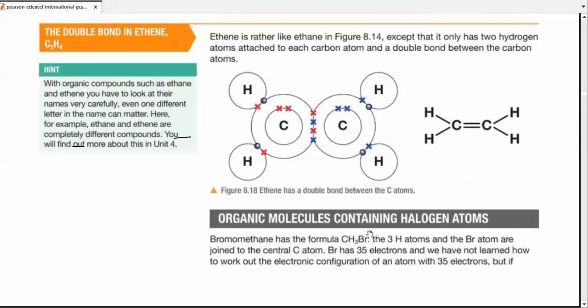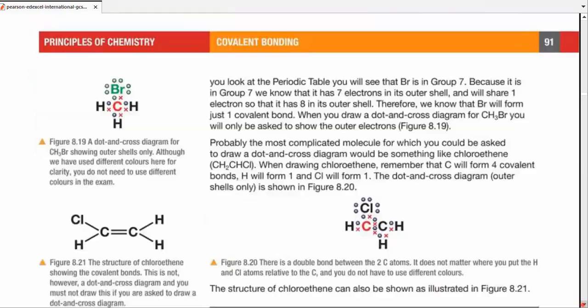Moving on. Organic molecules that contain halogen atoms. Bromomethane has the formula of CH3Br, 3 hydrogen atoms and 1 bromine atom joined at the central carbon atom. Bromine has 35 electrons, and we have not learned how to work out the electronic configuration of an atom with 35 electrons. But we know from the periodic table that bromine is present in group 7, so it has 7 electrons in its outermost shell.